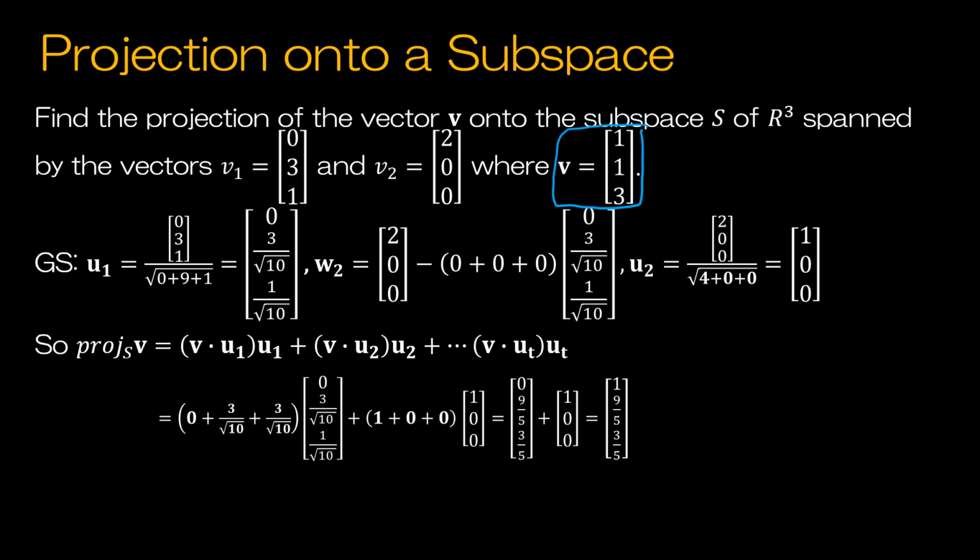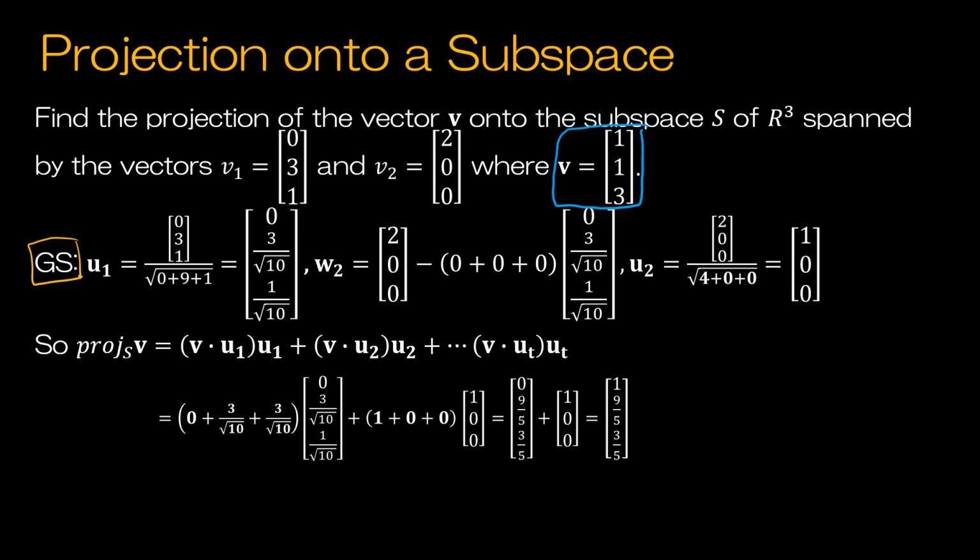Because we're dealing with orthogonal projections, it makes sense that we would use the Gram-Schmidt process, which we've already learned. So the first thing we're going to do is use the Gram-Schmidt process to find an orthonormal basis. And then we're going to do the projection of V onto S.